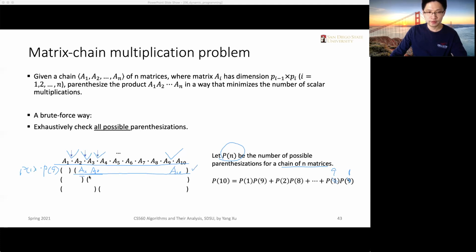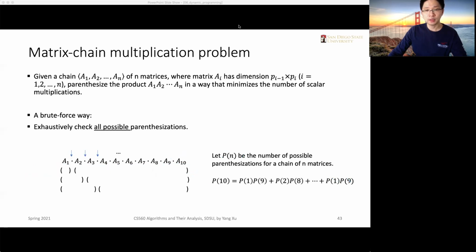To solve this subproblem, we should also go through all possible ways to insert the last layer of parentheses, which has 8 possible ways. So if we use a recurrence equation to express P of 10, it'll be like P1 times P9 plus P2 times P8.